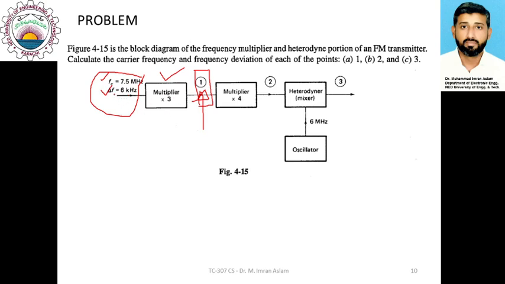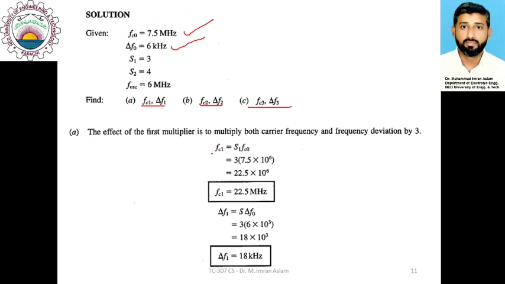So the carrier frequency FC1 at stage number 1 will be 3 times 7.5 megahertz, which is 22.5 megahertz.